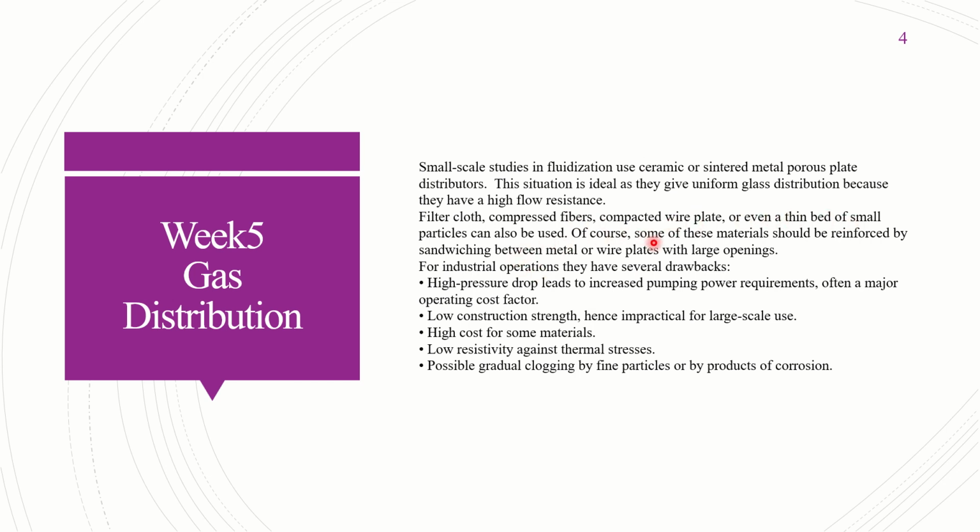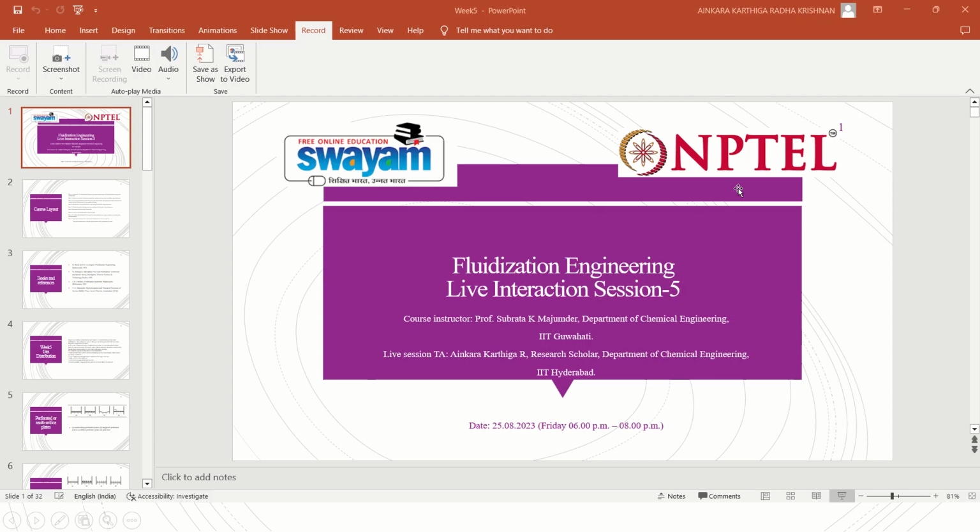Some of these materials should be reinforced by sandwiching between metal or wire plates with large openings. So when we are dealing with small scale fluidized beds, it is ideal to use ceramic or metal porous plate distributors, because they give you uniform gas distribution. Sorry, it is gas distribution, not glass.